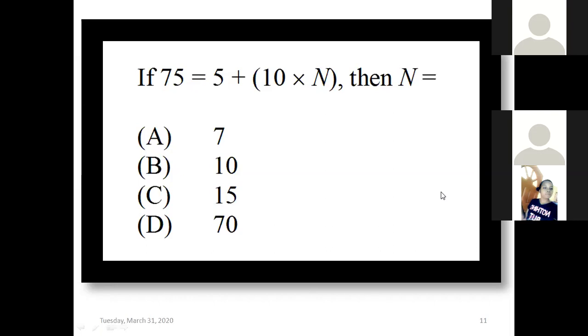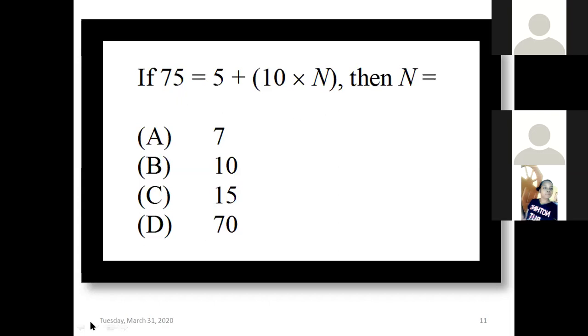This is super easy, you know, guys. What number would you put right there, sir, so that when you multiply it by 10 and add 5, you get 75? That's what it's saying. Alright, I'm going to go with 7. It's 7, yeah. 7 times 10 is 70, and 70 plus 5 is 75.